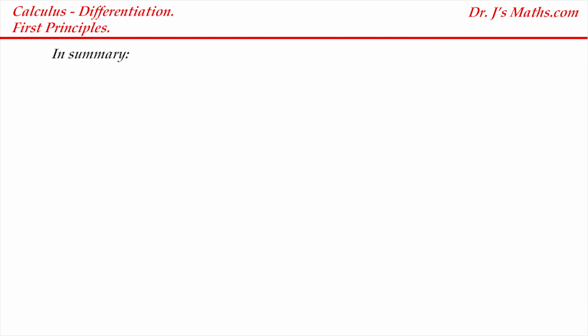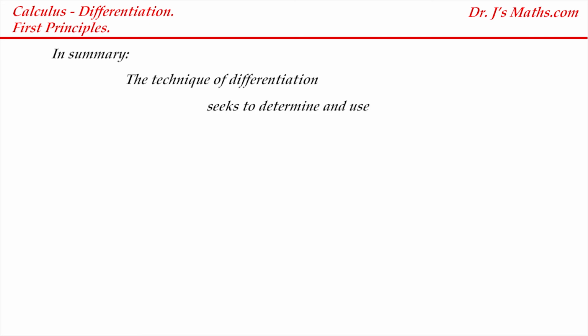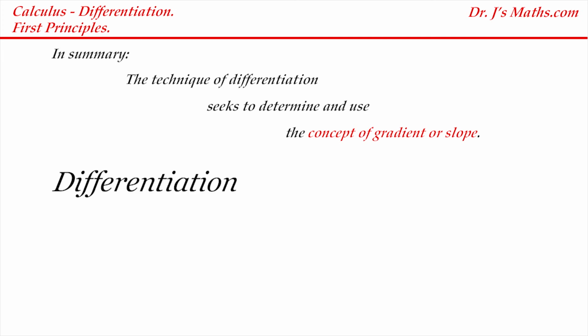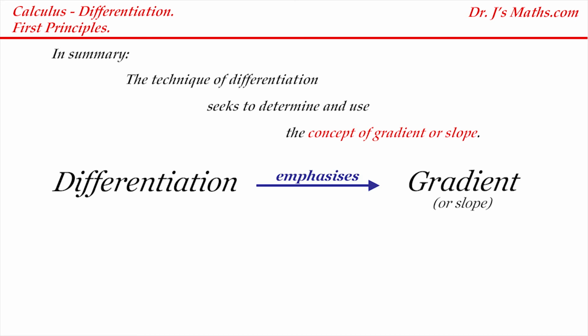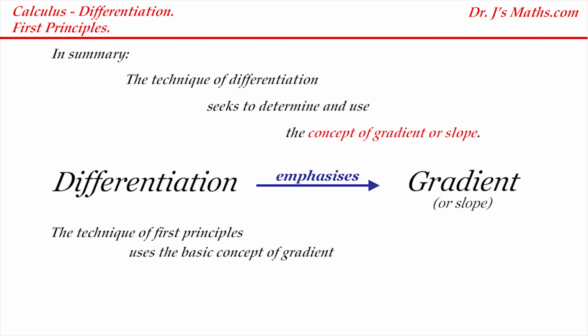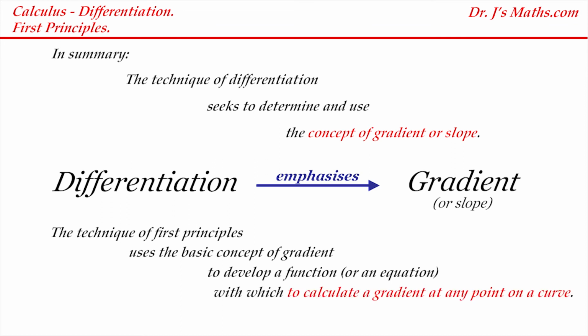In summary of our discussion, the technique of differentiation seeks to determine and use the concept of gradient or slope. So you will always keep in the front of your mind that differentiation emphasises gradient or slope. The technique of first principles, which we've described here, uses the basic concept of gradient to develop a function or an equation with which to calculate a gradient at any point on a given curve.